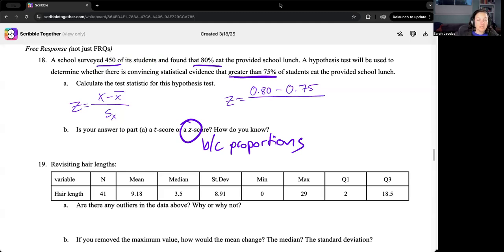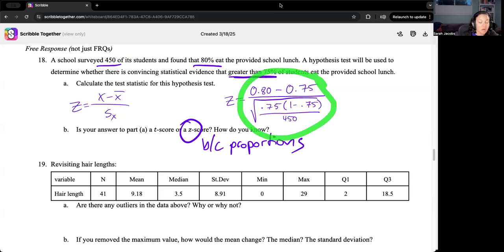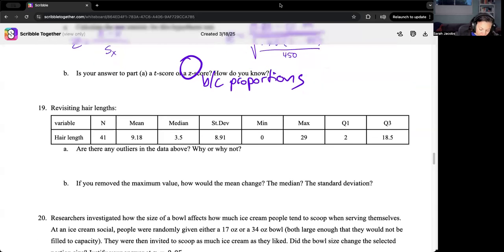When we're doing the standard error for proportions for a test like this, we use the square root of the expected proportion times the complement over the sample size. This is on your formula sheet, and just being able to set it up and recognize it is super important. All right, one down.